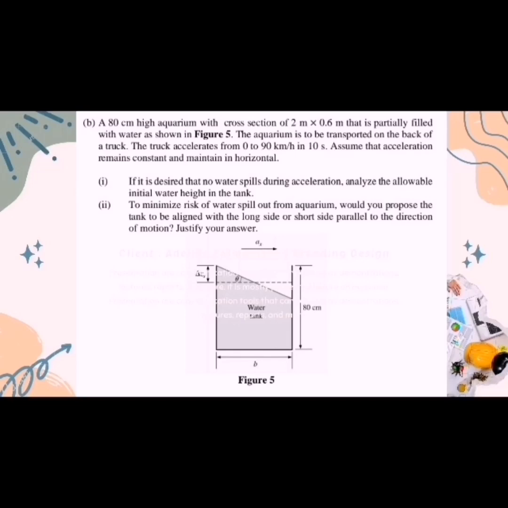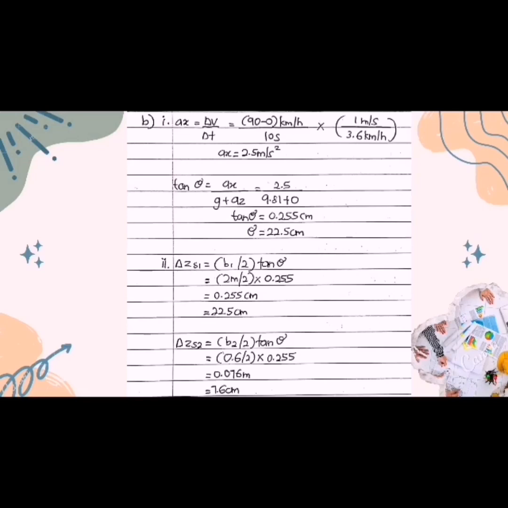This is figure 5 for question number 2b(i). Let's look at the answer. If it is desired that no water spills during acceleration, analyze the allowable initial water height in the tank.